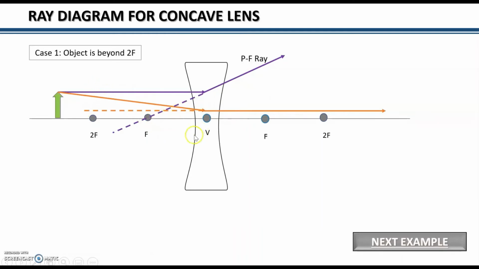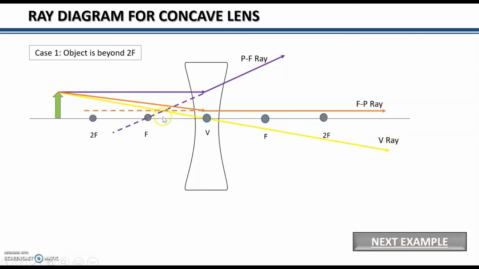Okay, so this is the FP ray, focus principal axis ray. And then the third ray is a light ray drawn from the tip of the object passing through F, or V rather. So by the way, this is V, the vertex. So it's just one straight light ray passing through the vertex V.